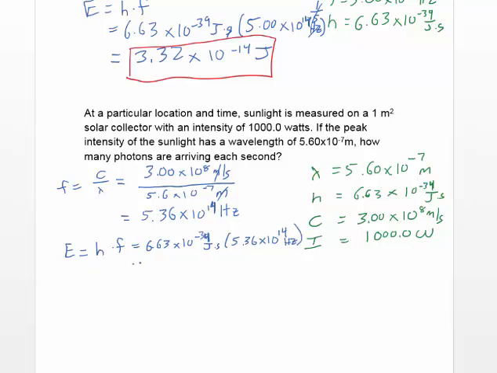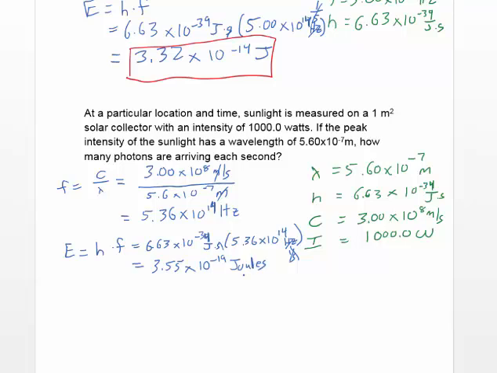So if we multiply those together, and again we've done this several times, the seconds there cancel, leaving us with just joules, and it gives us 3.55 times 10 to the negative 19th joules.